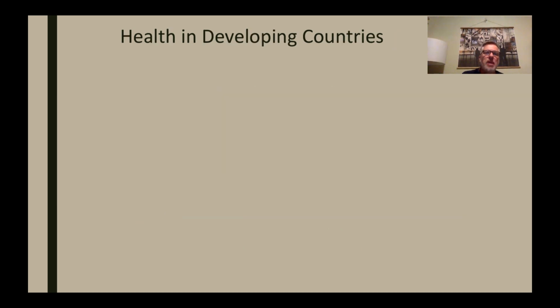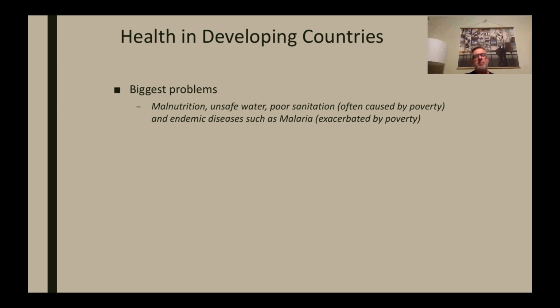In contrast, in developing countries, the biggest problems have been historically things like malnutrition, unsafe water, which is due to poor sanitation, and endemic diseases such as malaria. And both of these can be exacerbated by poverty.